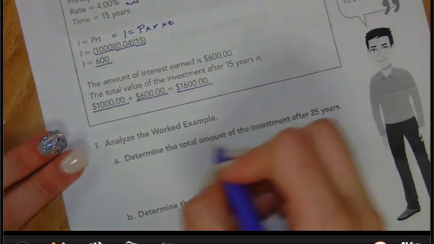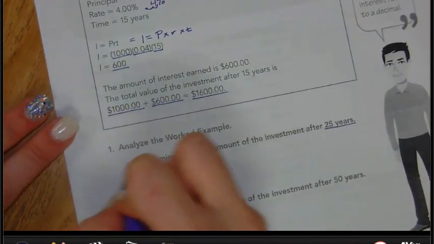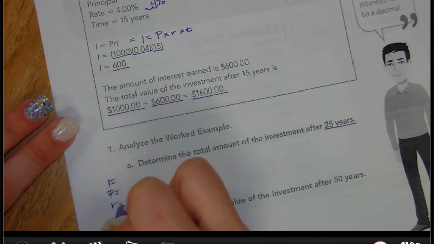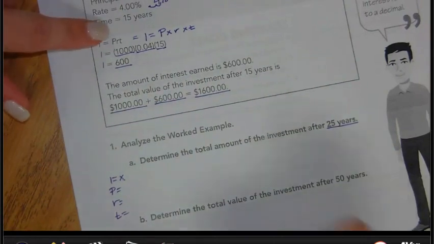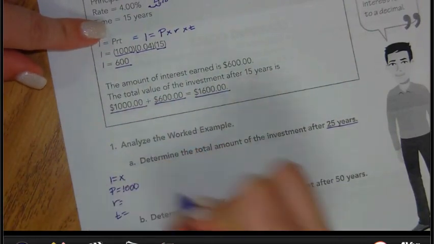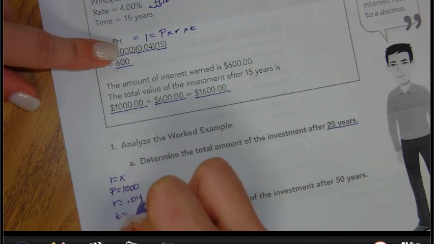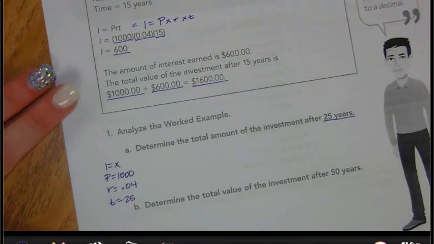So let's determine the total amount of the investment after 25 years. So I'm going to have I, P, R, T. Well, I is unknown, P is I start with $1,000, my rate is still 0.04, and my time is now 25.